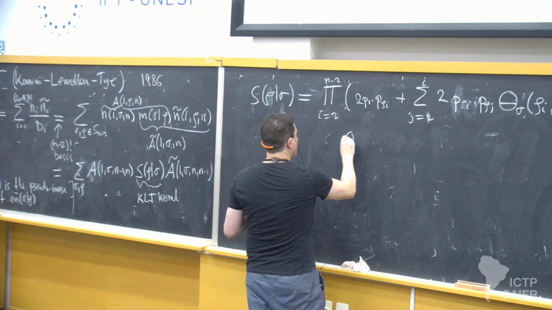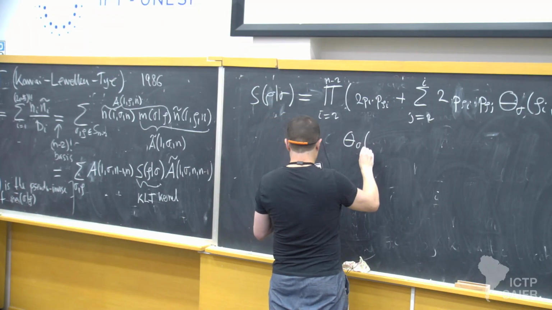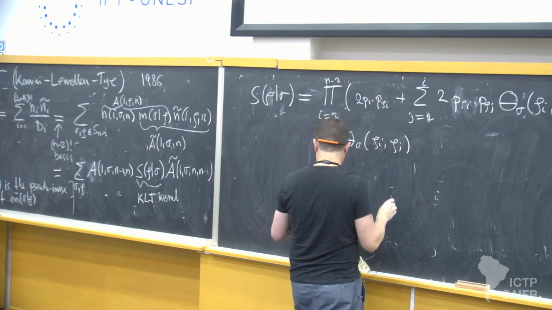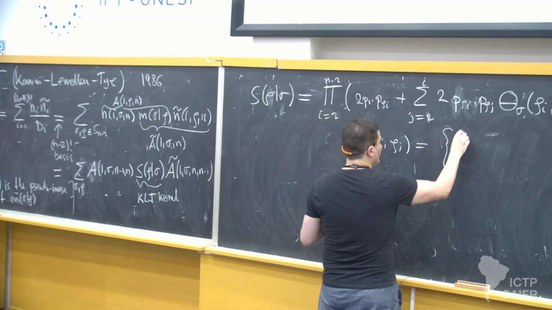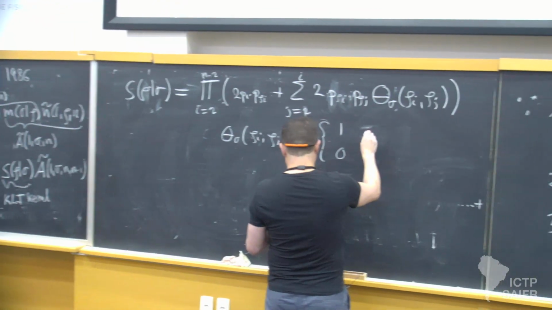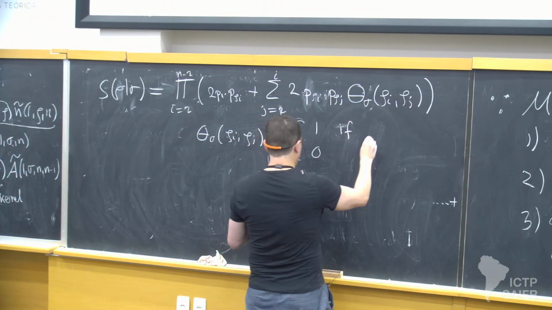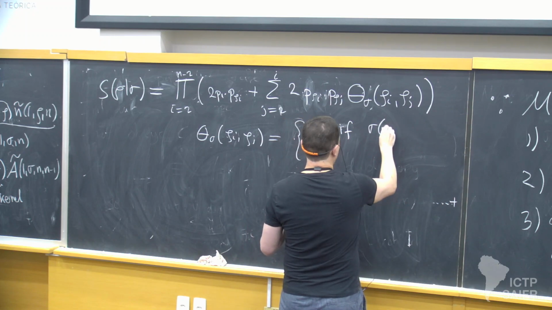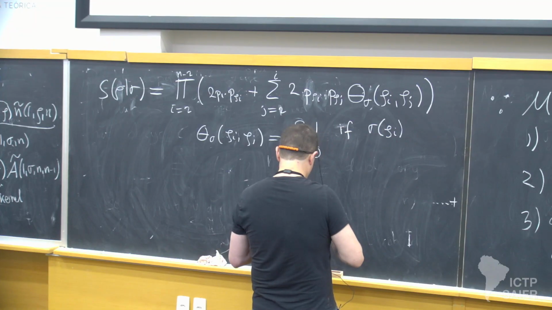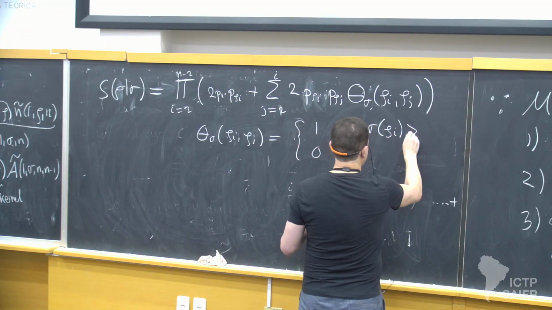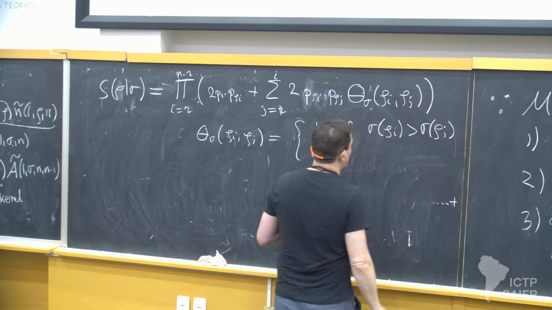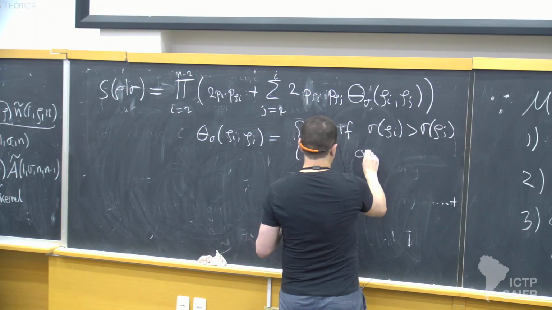And this function theta is just equal to 1 or 0. It's 1 if the permutation sigma of rho I is larger than sigma of rho j, so for the different particles, and 0 otherwise.